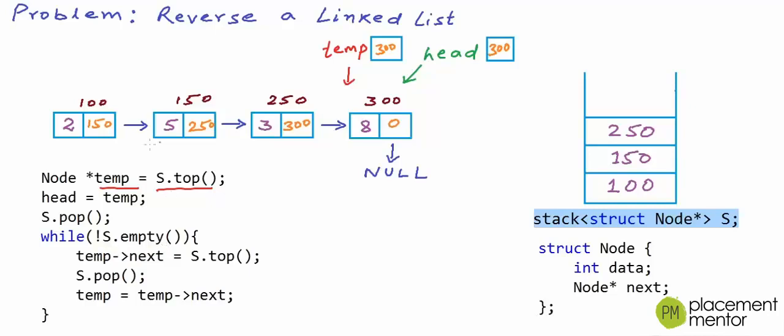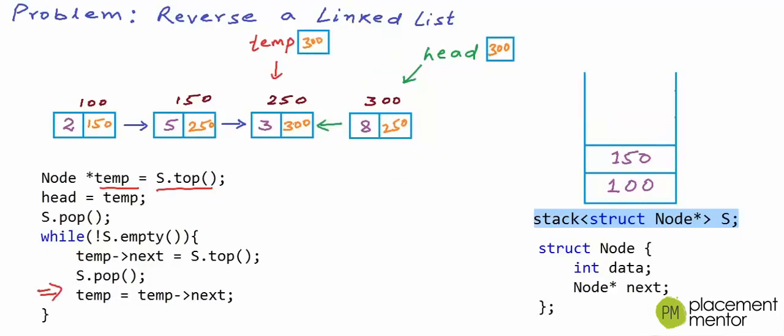So while the stack is not empty, I'm going to set temp.next as the address at the top of the stack. Basically, I'm using this pointer to node temp to dereference and set this particular address field. Right now top is 250, so I'm building this reverse link. The next statement is a pop, and in the next statement I'm saying temp equals temp.next, which means temp will now point to this node at 250.